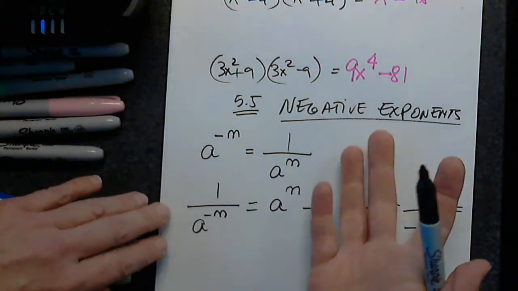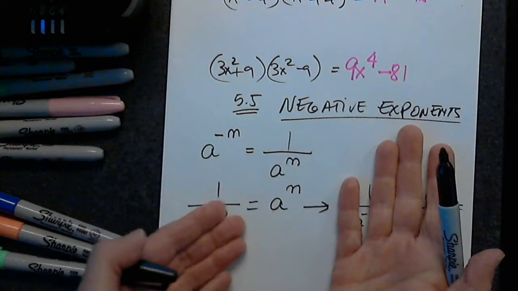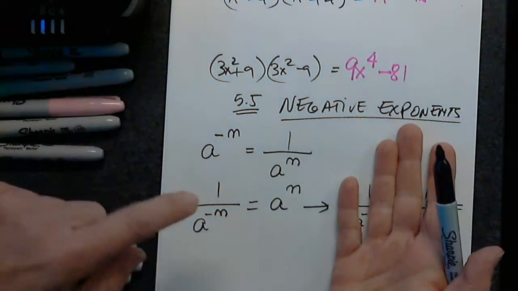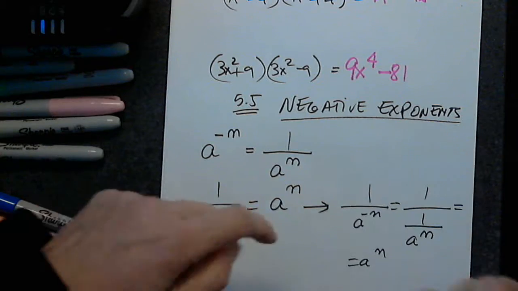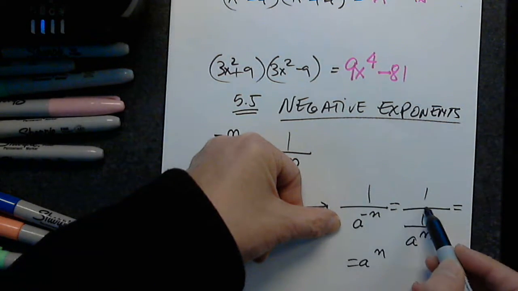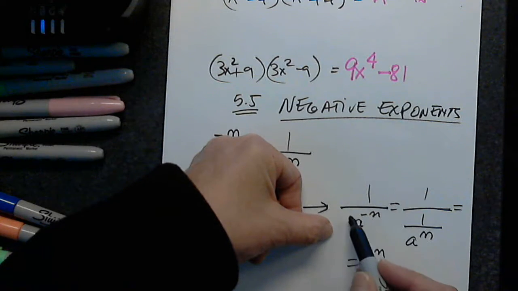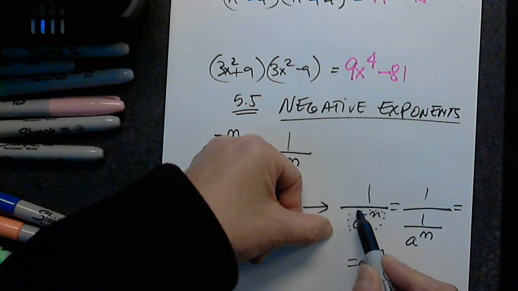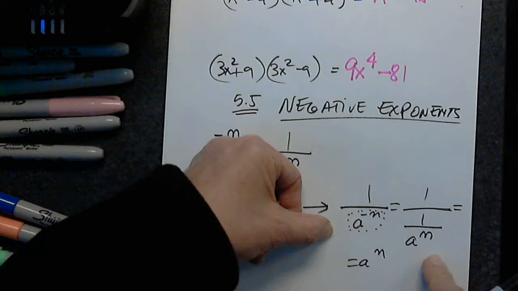So I was explaining how we get this. 1 over a to negative n: I copy the 1, the fraction line, and I replace this by this, because that's what it equals.